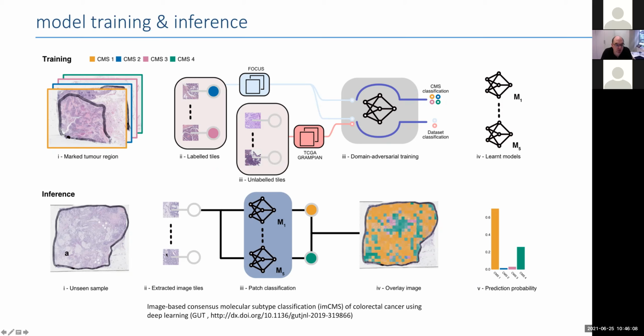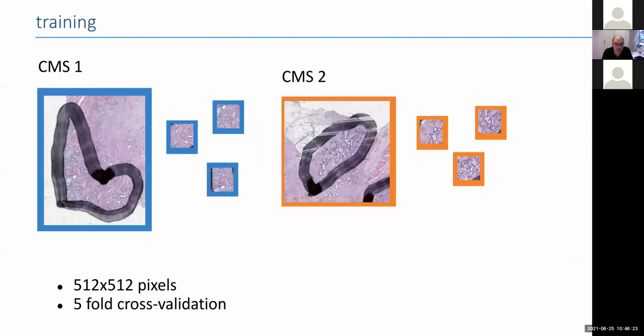And at the time of inference, we basically take a patch, run a patch-based classification, regenerate this overlay, and now you already see that we now have a localized overlay where pathologists can actually see if there's a mixture of classes present. So here you just see our training data.